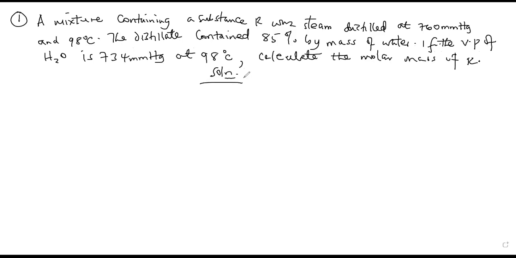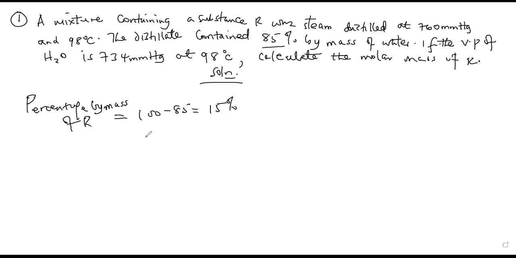So given this, we have been given the percentage of water, so we can also get the percentage by mass of R. The percentage by mass of R is going to be 100 minus 85%, which gives us 15% by mass.